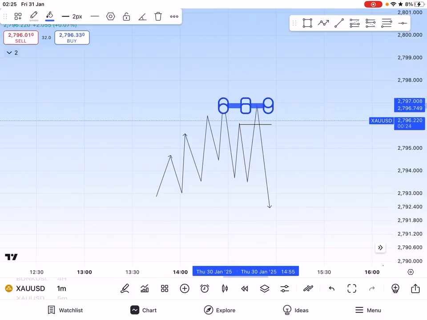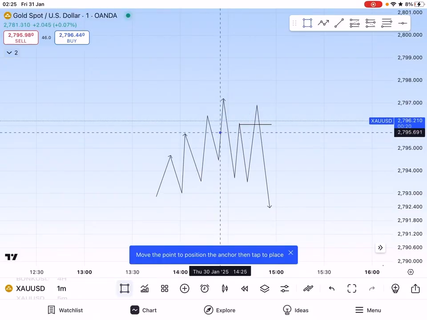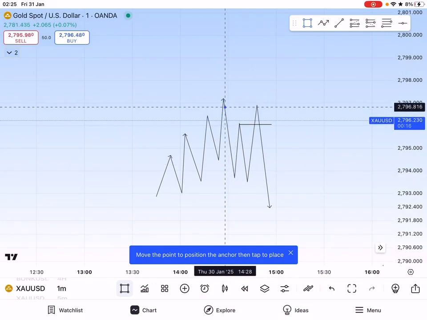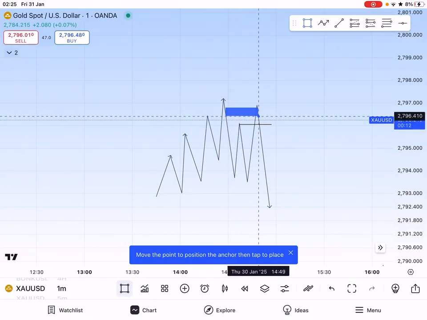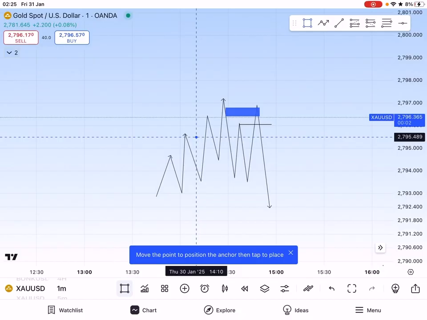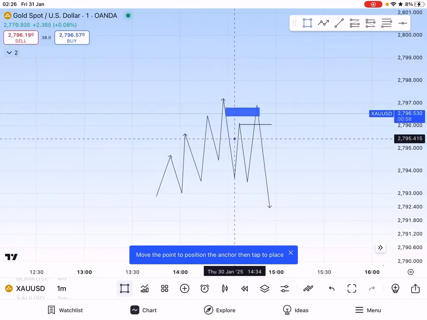But if the setup you're working with has some kind of imbalance, let's say in this move, the change of character or break of structure, there's imbalance and price is now coming after taking out inducements, coming to fill it, then that's a good sign. It's not really compulsory. I'll tell you the one that is compulsory in a few minutes from now. So the imbalance can be in the main move.